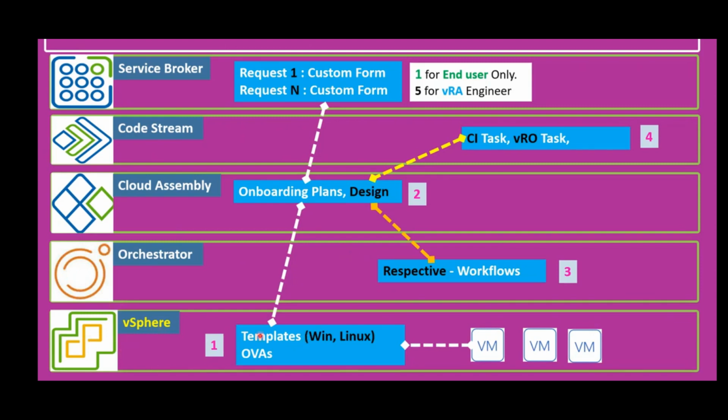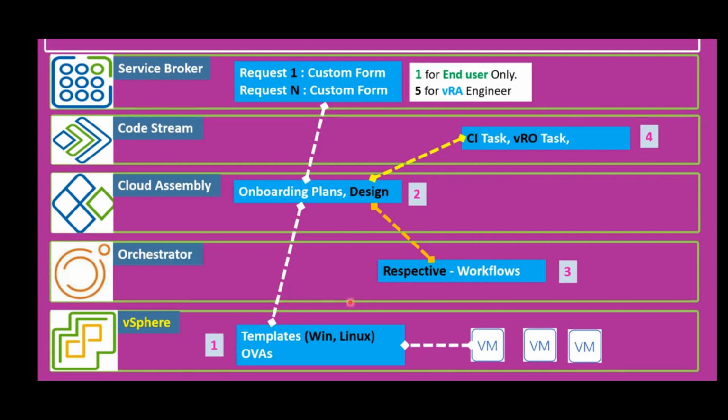We know how to create templates for Windows and Linux, and we also provision an OVA, which means Open Virtual Appliance. Some are manually prepared templates, some are predefined templates, so we can use anything. And on top of vSphere, I have given all the components of VRA: Service Broker, Code Stream, Cloud Assembly, and Orchestrator.